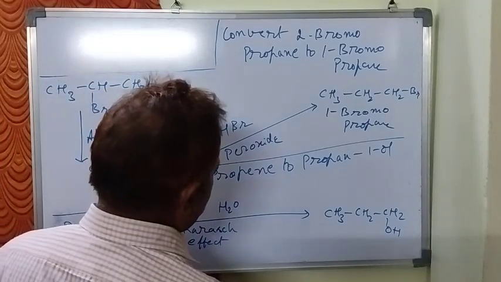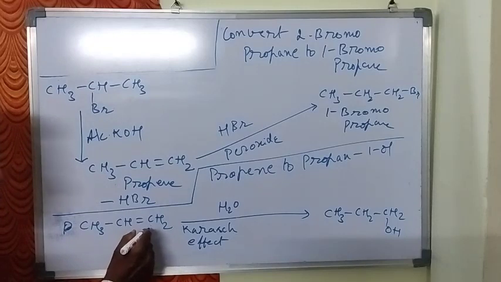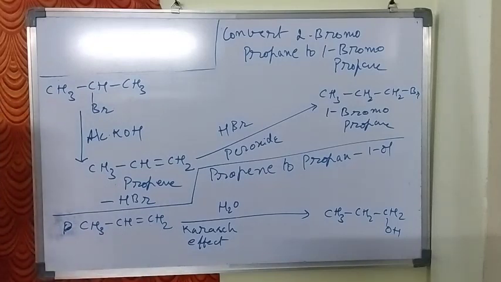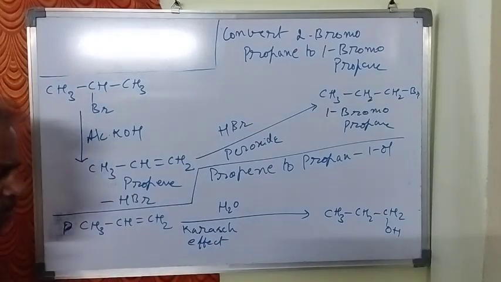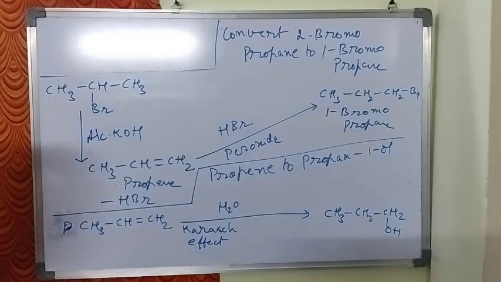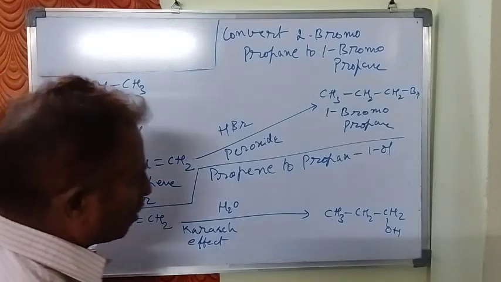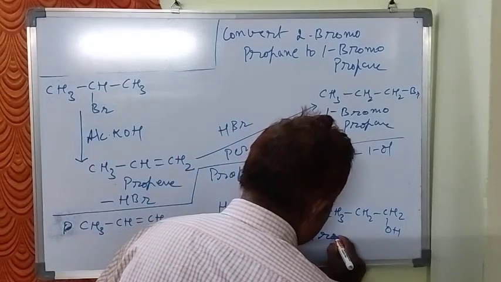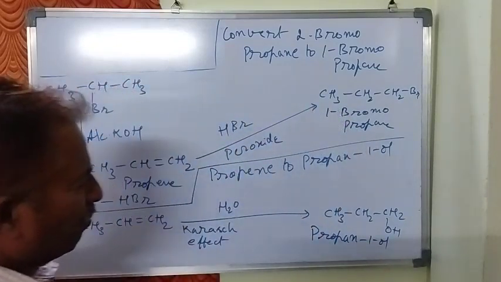If peroxide is used, OH is attached to the carbon with more hydrogens, and hydrogen is added to the carbon with fewer hydrogens. Therefore, it is simply a single step conversion, whereas the previous one involved 2 steps. So this is a simple conversion, propene to propan-1-ol.